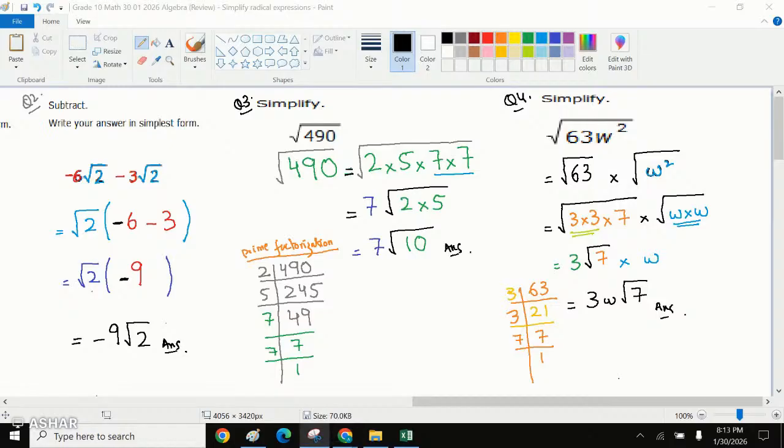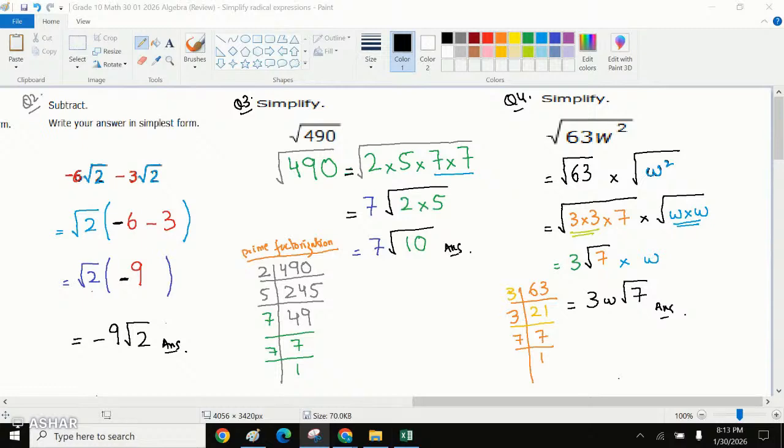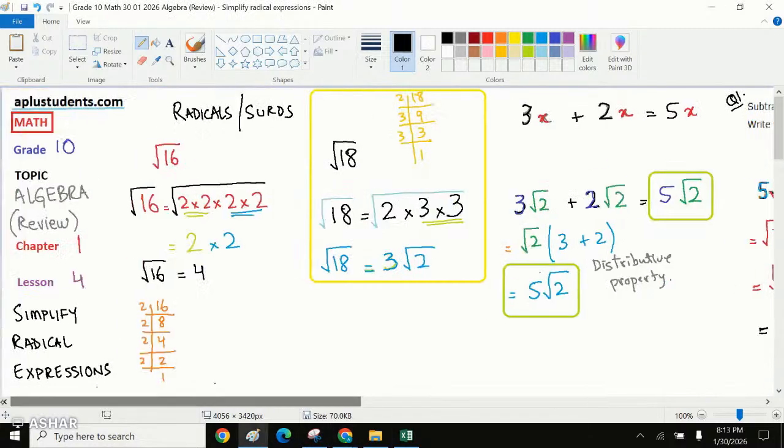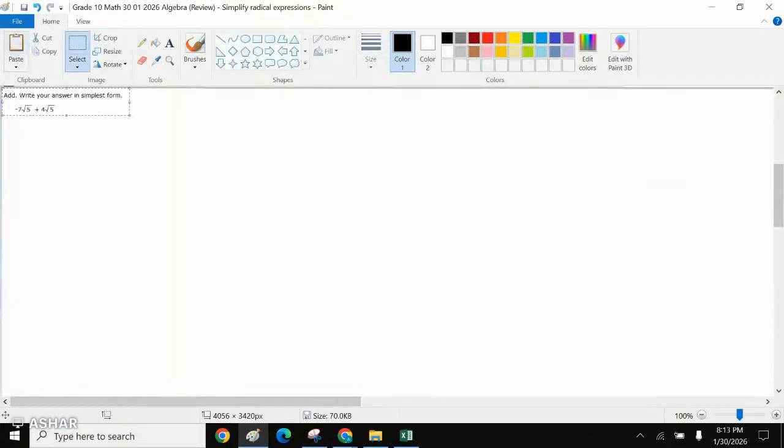The next question says we need to add the radicals together and we need to write them in the simplest form. Let's see what is the rule. For question number 5, I'll just give an example as well so that we have a better idea.